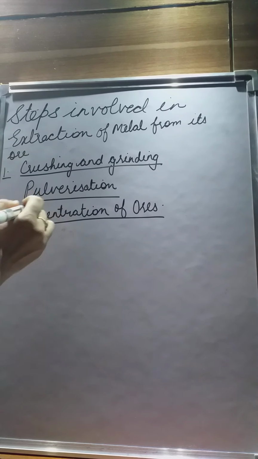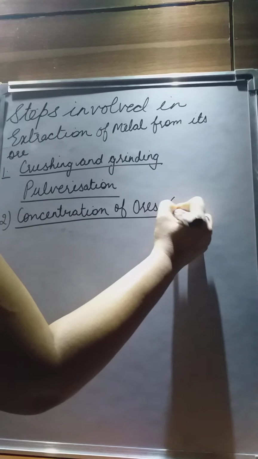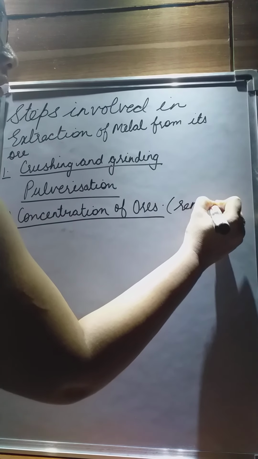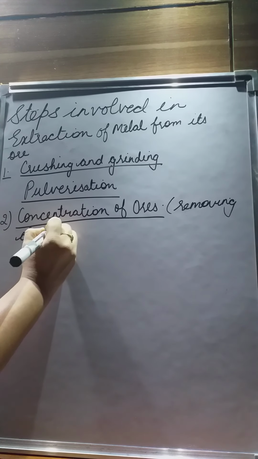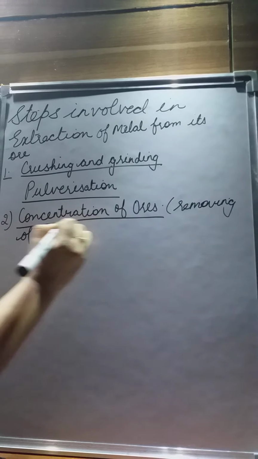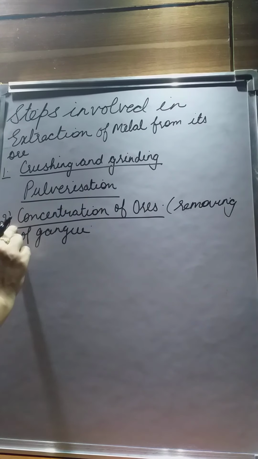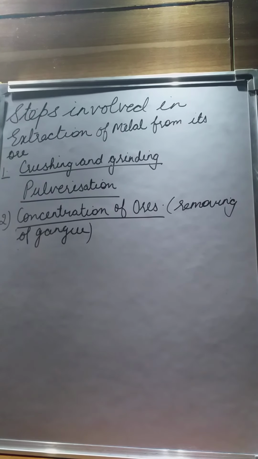So what is the concentration of ore? It is removing gangue. The process of removing gangue, the rocky impurities, silica present in an ore, is called concentration of ore or ore dressing, and the purified ore is called a concentrated ore.